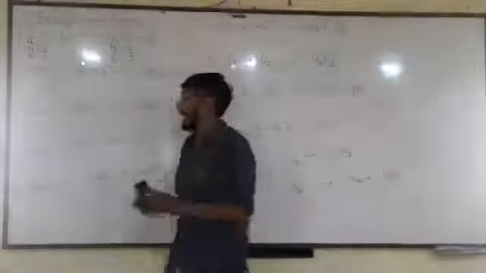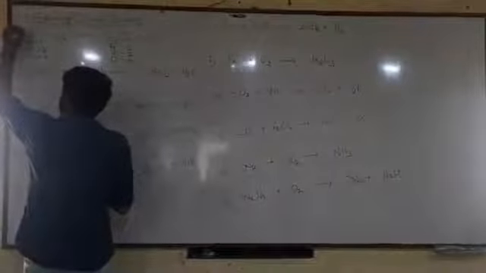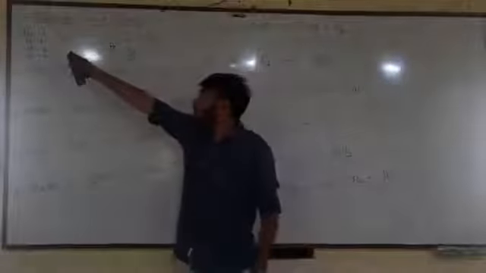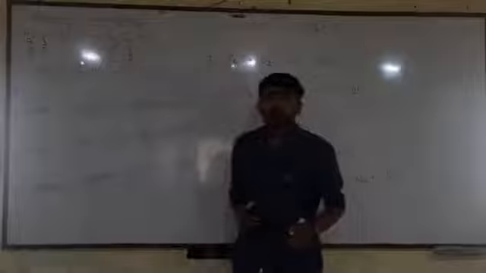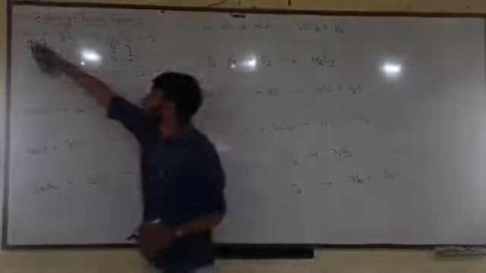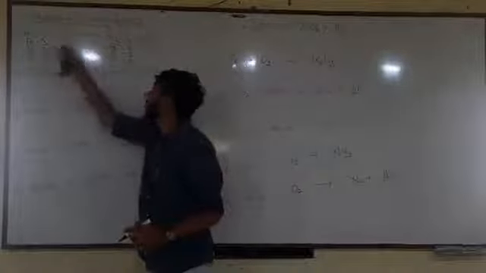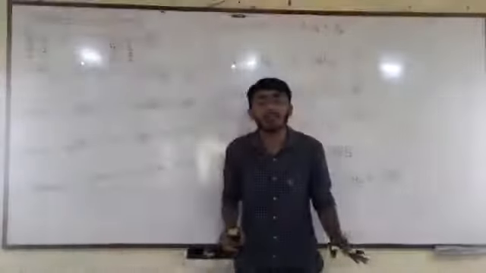If I am having one atom over here and 3 atoms over here, I can add 3 over here. So if I add 3 over there, here it will be 3Fe. Now you can see that 3Fe, 3Fe, everything is balanced.